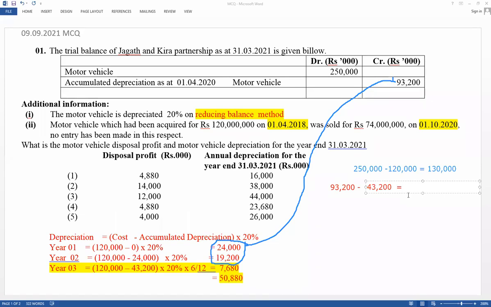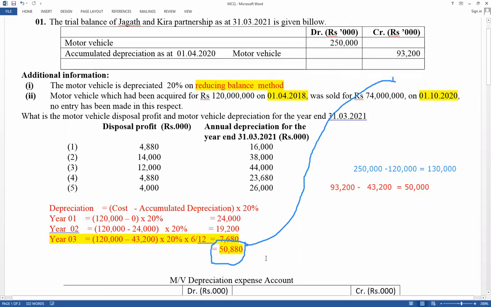Balance part, accumulated depreciation of the unsold part, opening balance equal 50,000. Therefore now think how to calculate annual depreciation of balance part. This is the disposal asset annual depreciation. Now try to calculate annual depreciation of balance part.